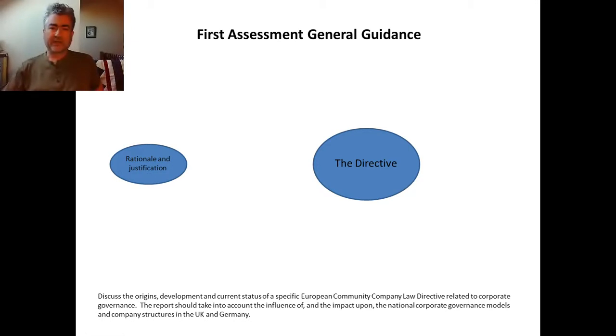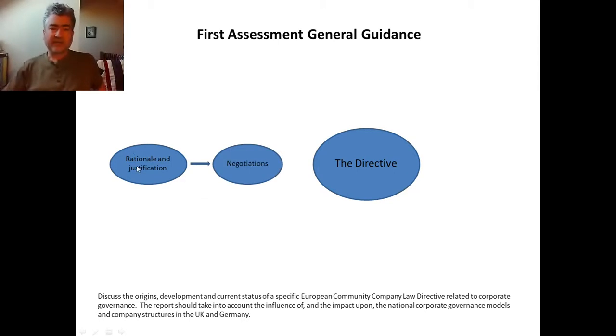We saw that all the directives need to be based back in the original treaty. There has to be justification and rationale as to why we're going to approximate, harmonise, however we want to refer to it, a particular area of company law.